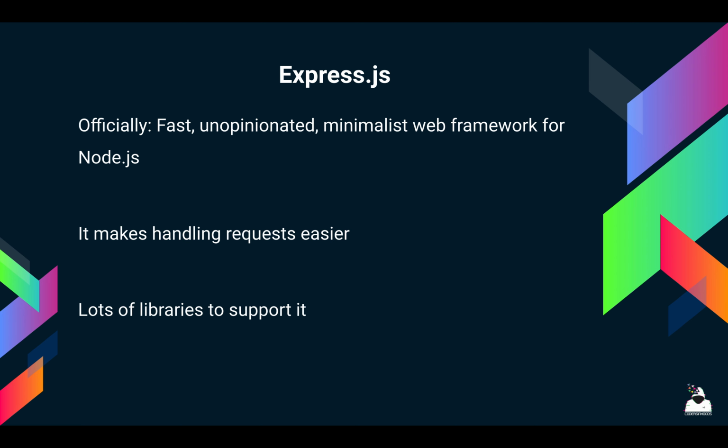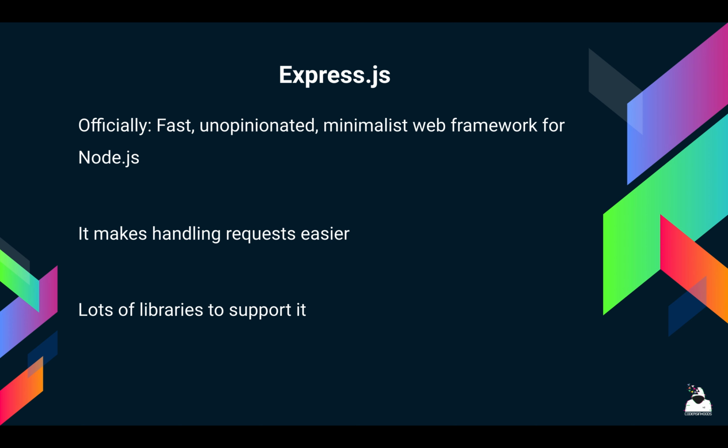Now, unopinionated pretty much means that it doesn't want to tell you how to structure your code or how to structure your project. It is just a server library. It's not really going to help you with database actions or rendering HTML for your users.